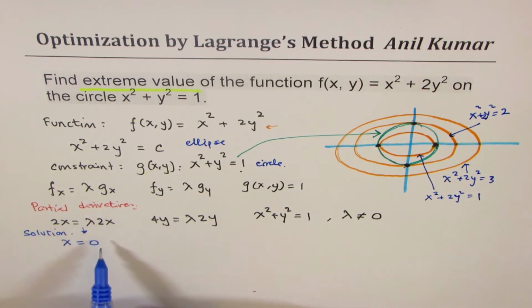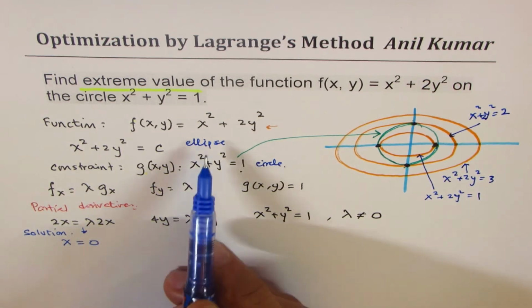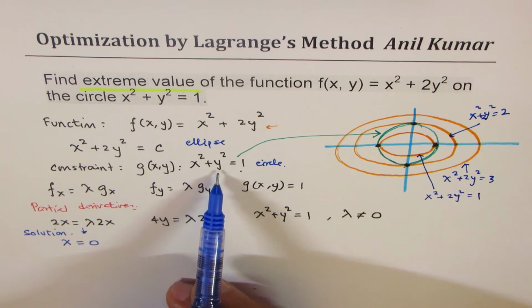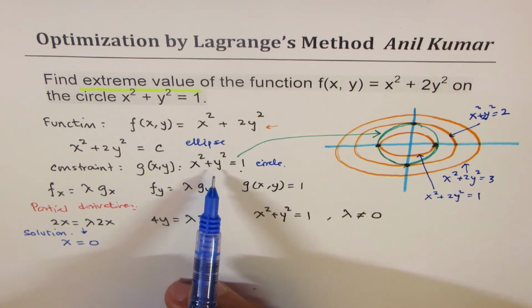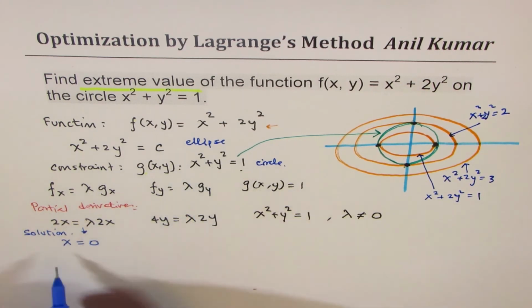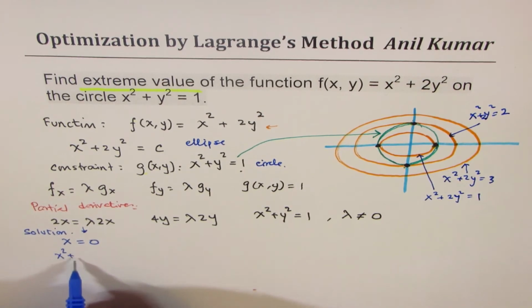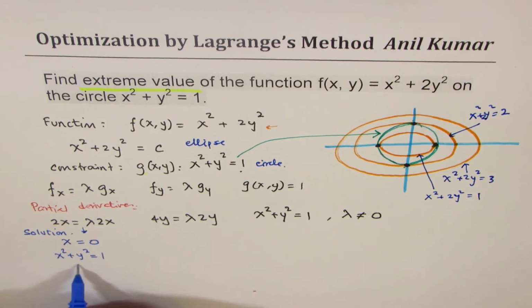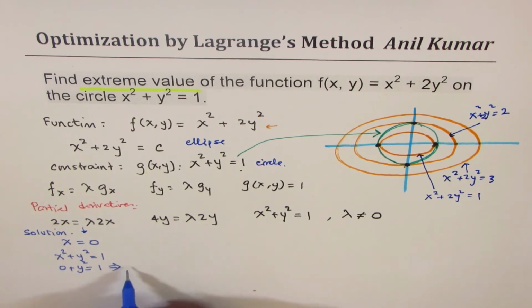So if I write x equals 0, then what do we get for the value of y? In this equation, if I substitute x equals 0 into x squared plus y squared equals 1, I get y squared equals 1, which implies that y equals plus minus 1.